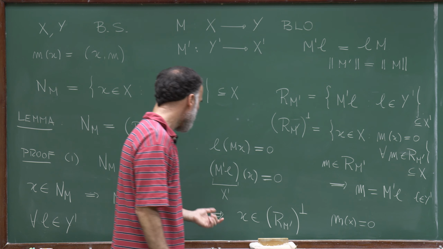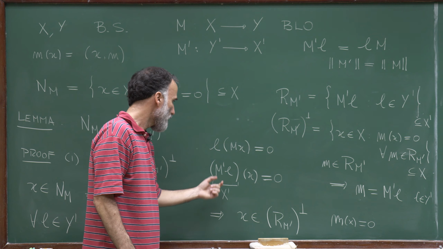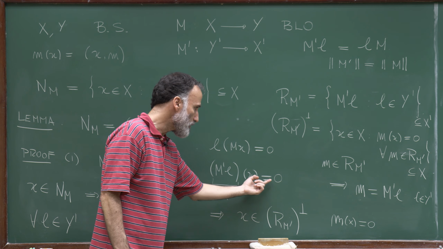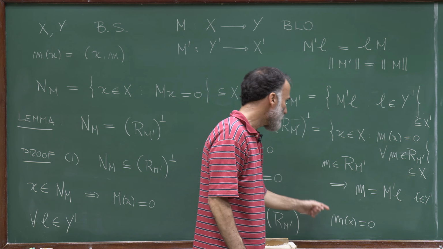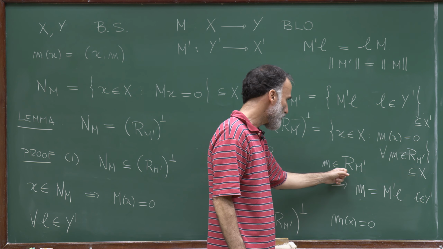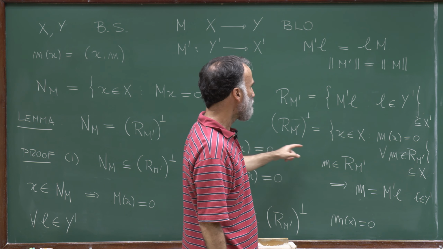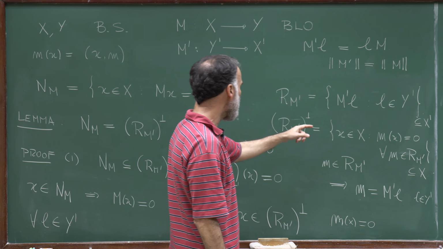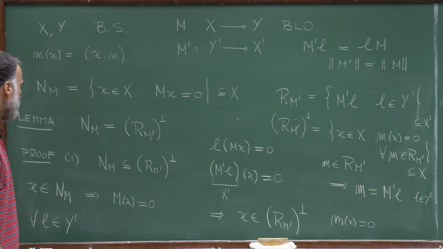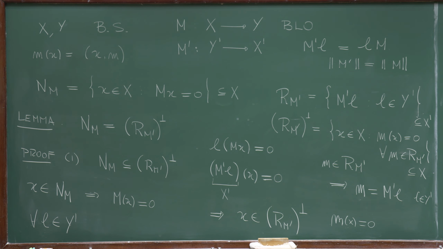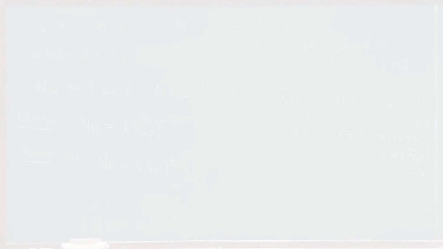Take that L; by this equation, M of X, which is M prime L of X, is indeed equal to 0. So that proves that for any M in the range of M prime, M of X is equal to 0, and therefore X indeed belongs to the perp of the range of M prime. And this proves that first claim.